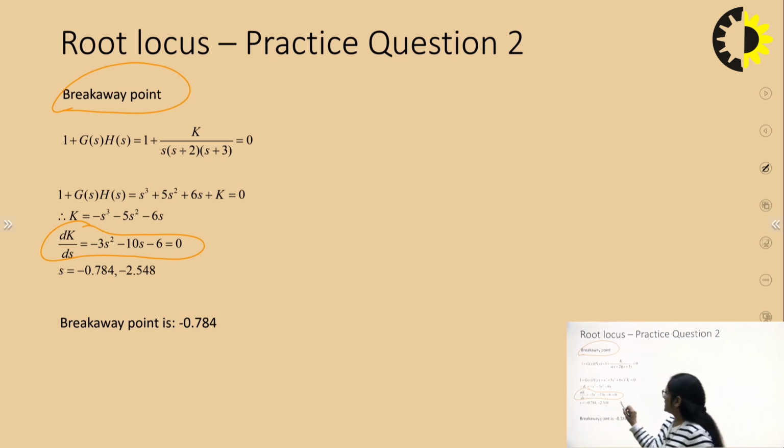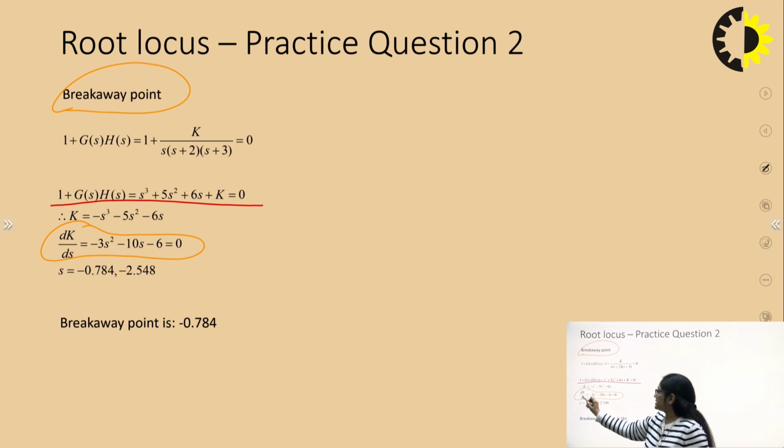To find dk by ds, we first write 1 plus G(s)H(s), which is the characteristic equation. The characteristic equation comes out to be s cube plus 5s square plus 6s plus k.